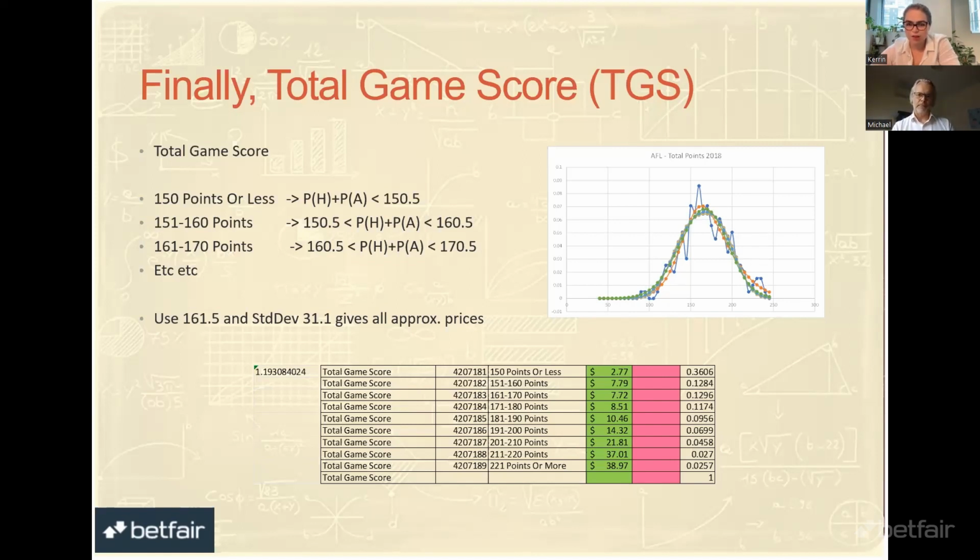So you said that you add liquidity to quite a lot of markets on the exchange on AFL. How many markets would you normally be across within a standard game? All of the score markets. So that's this one, total game score, the winning margin spread, the try bet, and the handicap and the under over total points.